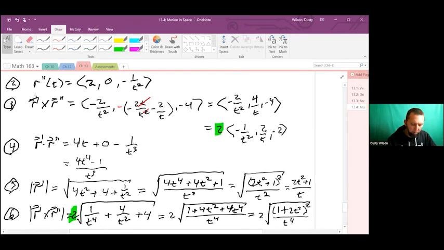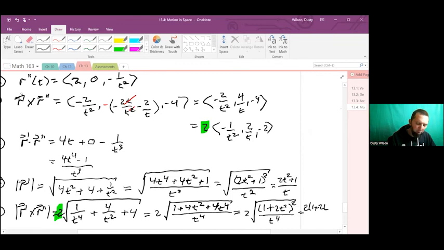So all told, it looks like we have 2 times 1 plus 2t squared, all over t squared in the denominator. So that is our 6 things we need.